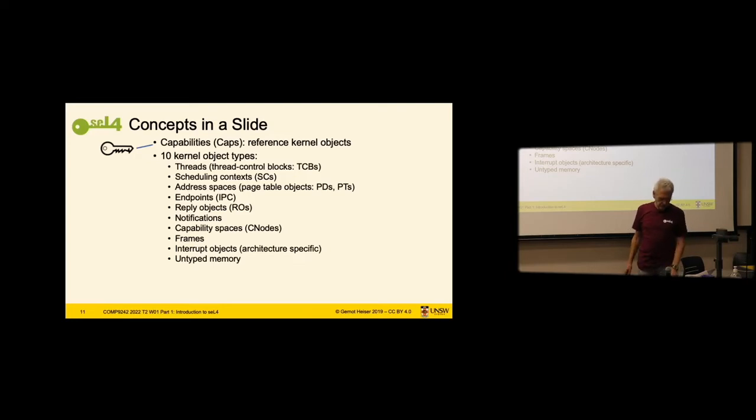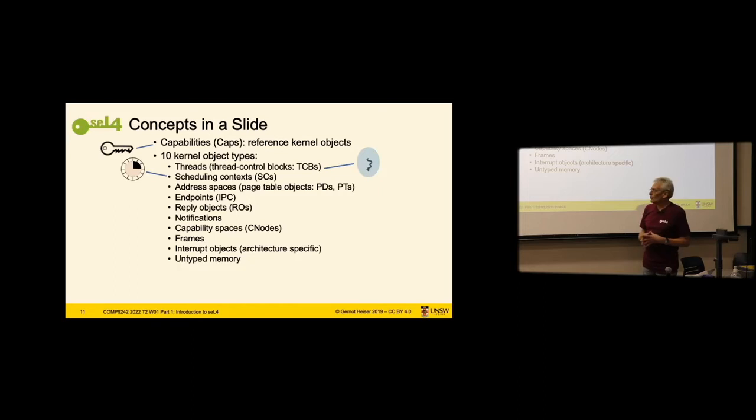What are they? There are threads, which is the abstraction for execution. A thread is represented by a thread control block, and that contains basically the thread state. By controlling thread control blocks, you can control threads, and you can assign threads to a CPU.